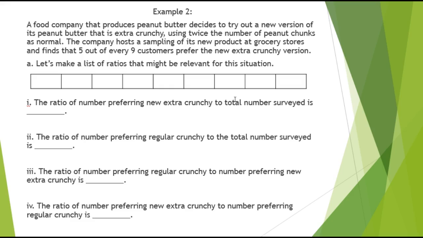Alright, so let's look at the solution. So let's make a list of ratios that might be relevant for this situation. I can go back and look, and it tells me in my information up here that 5 out of 9 customers prefer the new extra crunchy version. So I actually created a tape diagram to represent the 9, which is all the customers all together.